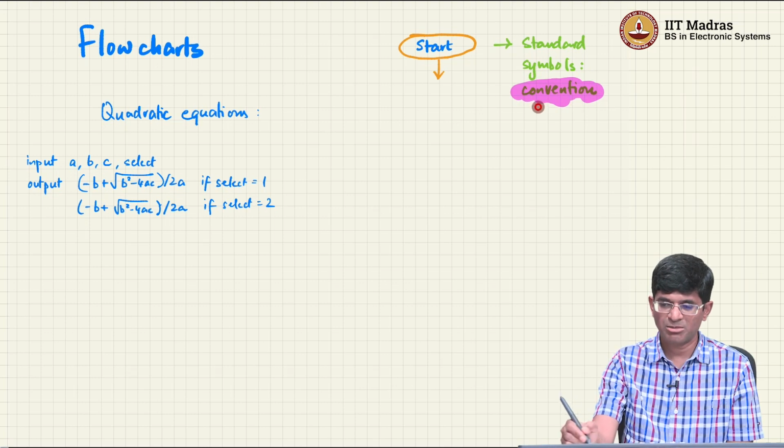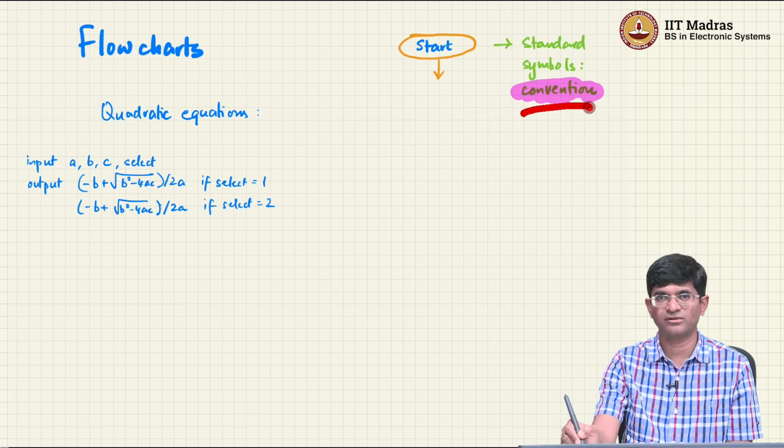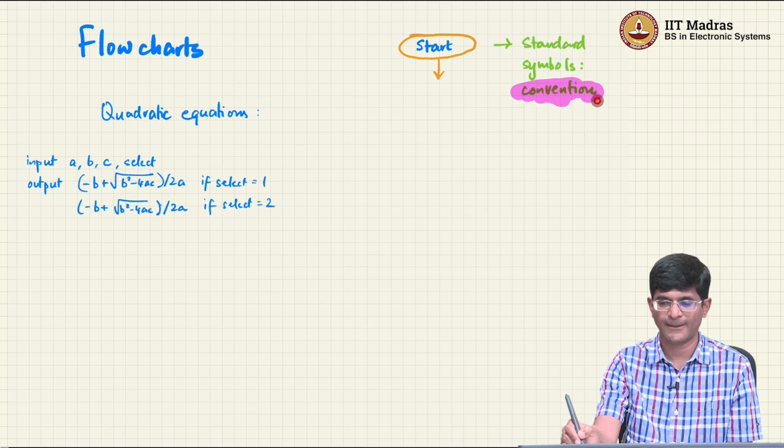Keep in mind that all of these symbols are conventions. There is nothing fundamentally mathematically grounded which tells you that these are the only symbols you should use. The whole point is that by using these symbols we are able to communicate with others and they are able to understand our flowchart more easily.